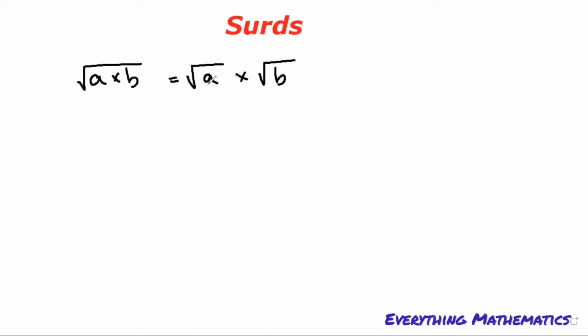Sometimes it works out so nicely that the square roots of the two factors can both be found. Sometimes it's only one, sometimes it's both. But whatever we get, we just multiply by each other, and basically we found the square root of that number. So yes, that's what we did yesterday.